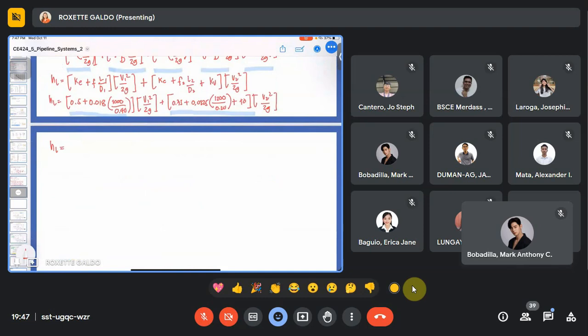How much is that? 45. So 45.5 V1 squared over 2G. Now the second term, 0.35 plus 0.0225 times 1,200 over 0.2 plus 10.